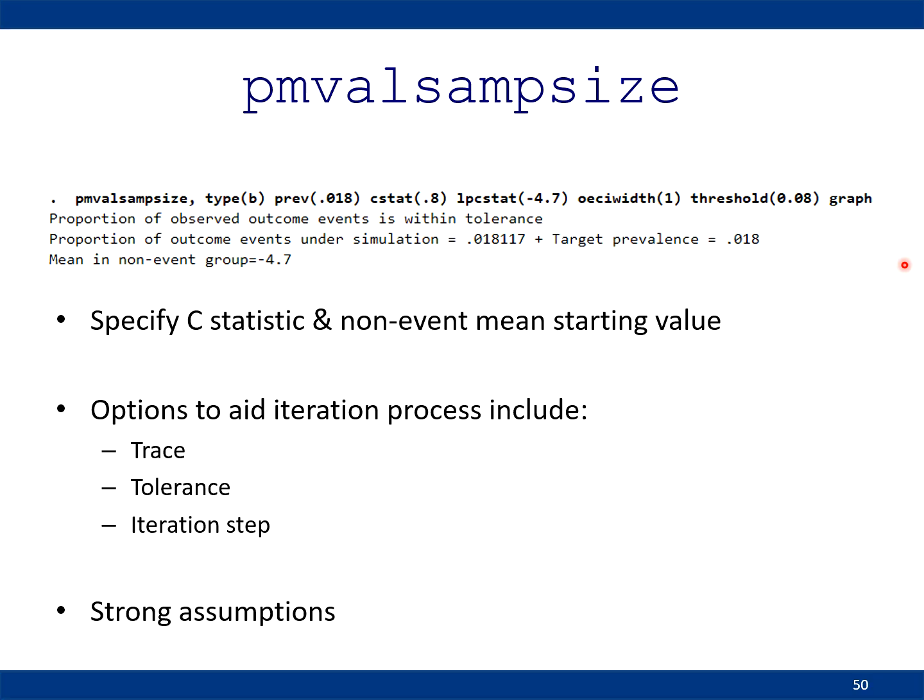There are some useful options to help with this too. We can set the trace option to follow the iterative process, and we can also tweak it using options for tolerance and iteration step. But this option does make some strong assumptions. However, it might be our only option when we have nothing else to go on in terms of informing our linear predictor distribution parameters.